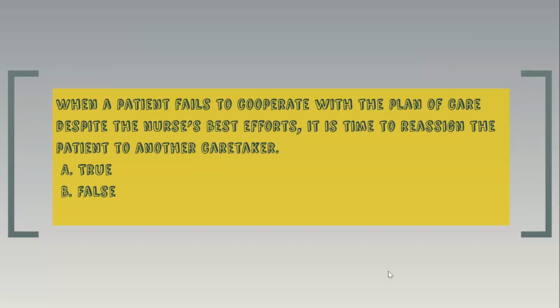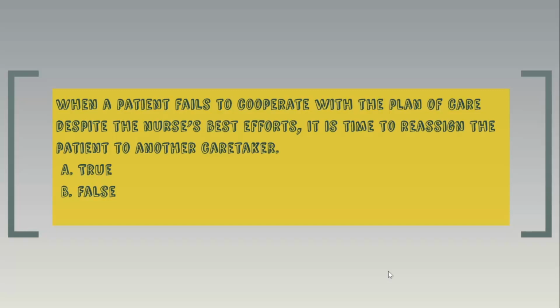Little knowledge check. When a patient fails to cooperate with the plan of care despite the nurse's best efforts, it is time to reassign the patient to another caregiver. Is that true or false? Well, hopefully you said false. We don't want to just get rid of our patients if they're not doing what we want them to do, unless there's a safety concern for the patient or the nursing staff.